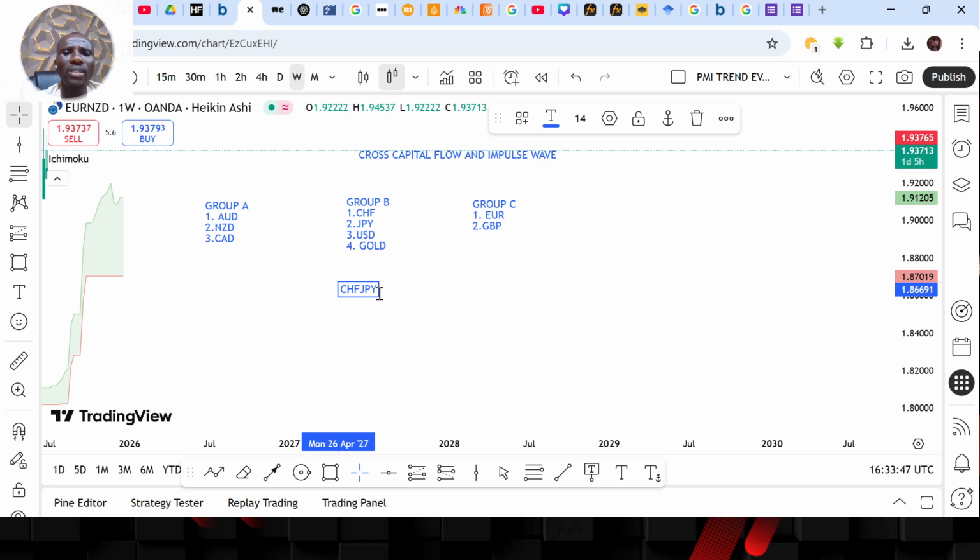Now, if you pick CHF JPY, regardless of the time frame that you want to trade, you are expecting that this CHF JPY should give you either an impulse wave to the upside or an impulse wave to the downside, depending on the trend of focus.